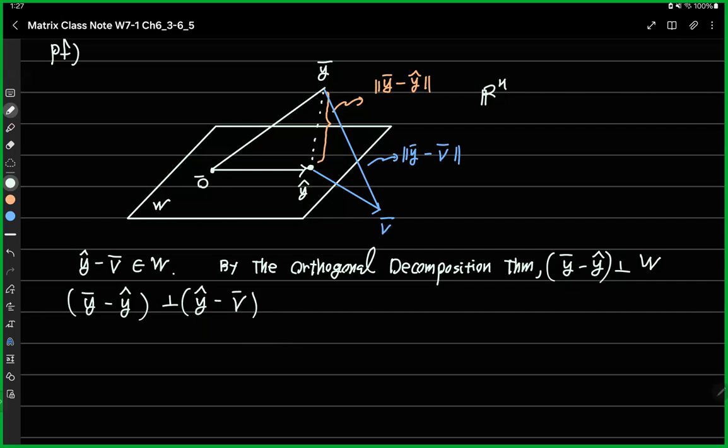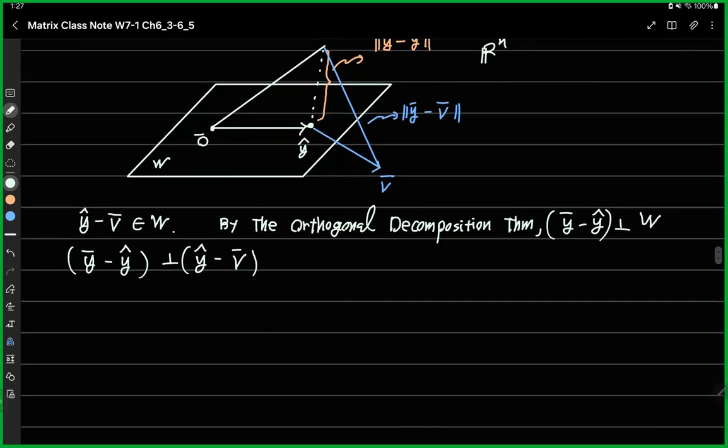Next, Y minus vector V can be expressed with a trick. We want to express this in terms of that one. So Y minus Y hat, and then add Y hat, because minus Y hat plus Y hat is 0.